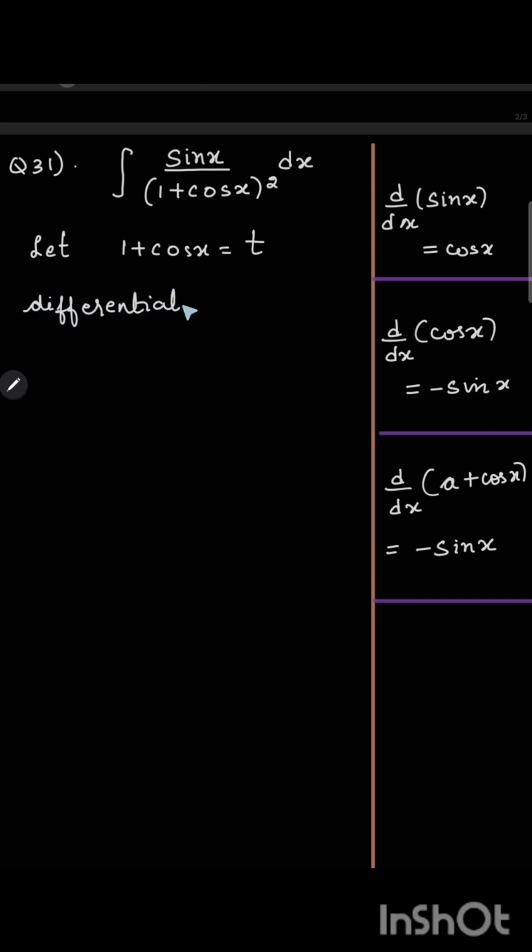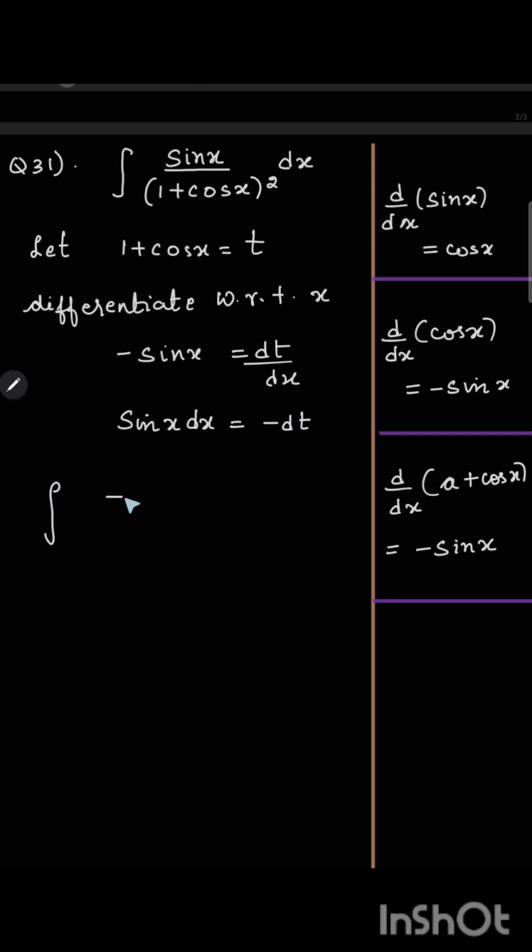We will differentiate with respect to x, so we will get minus sin x is equal to dt by dx. We will cross multiply, so sin x dx will be minus dt. So we will rewrite: sin x dx is minus dt, divided by 1 plus cos x, which is t, but we have the whole square, right?